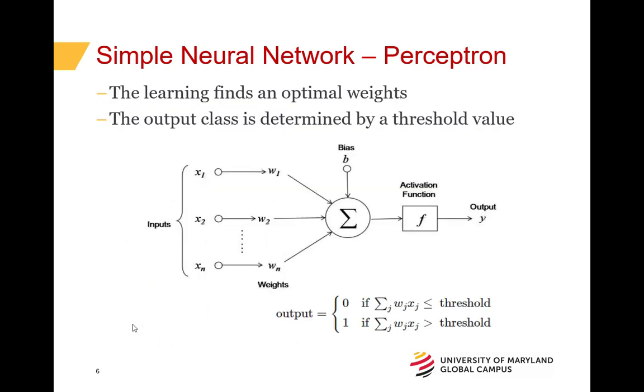Okay, so how does it work? Similar to what we covered in the neuron case, the process of learning a neural network is determining an optimal set of weights that gives rise to an output that is very close to the desired output.